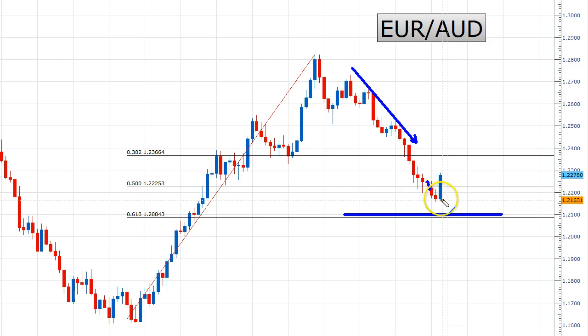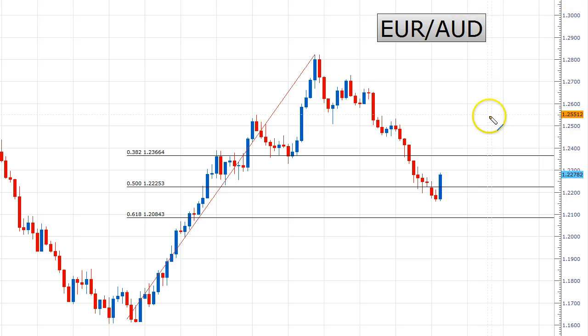And then you get a crushing bounce that covers the past 5 days of bearish bars in one bullish bar today. So, to me, more than anything, this EUROAUD bullish, massive monster day is just an opportunity to short more than anything, in my opinion.